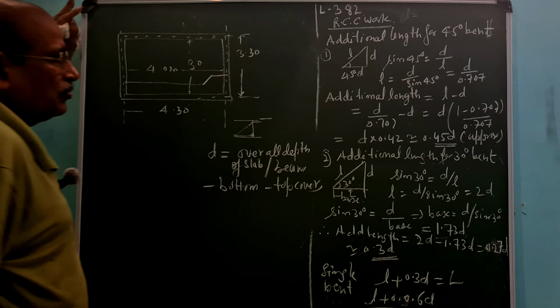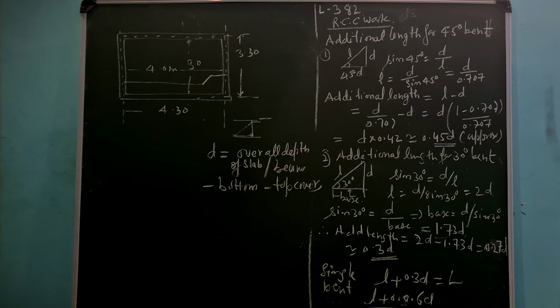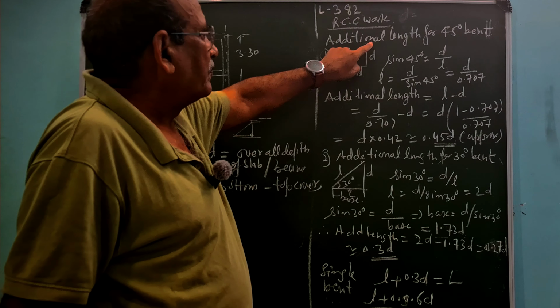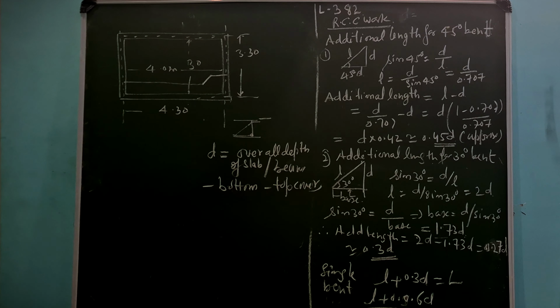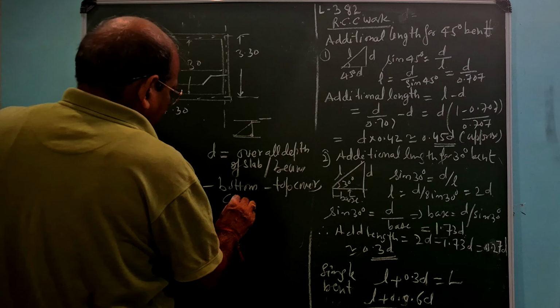This gives you D. So D is the overall depth of the slab minus the bottom cover and top cover.